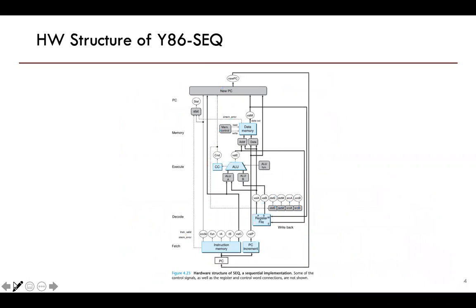So in the fetch unit, it has instruction memory, and there is another memory which is called data memory. Machine code is stored in the instruction memory, and the data is stored in another memory, the data memory. So this structure uses two separate memories to store machine code and data separately.